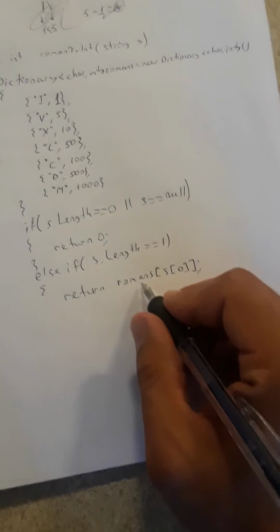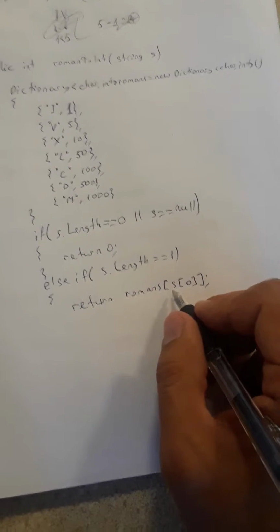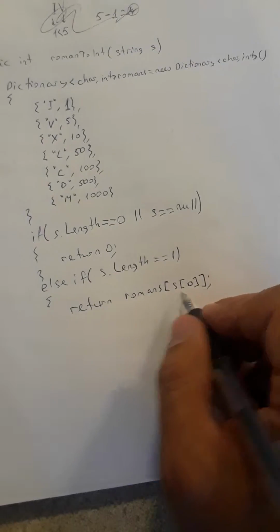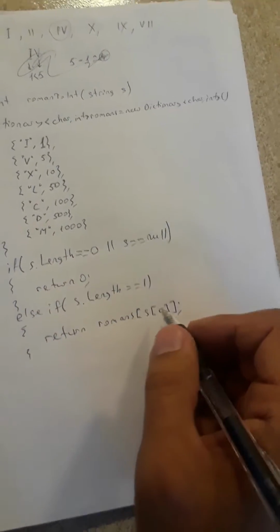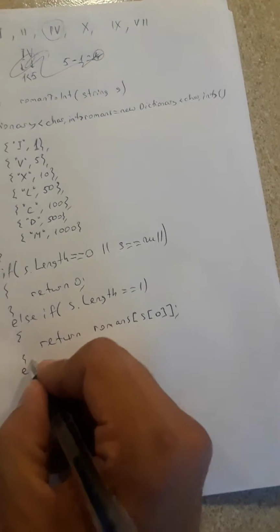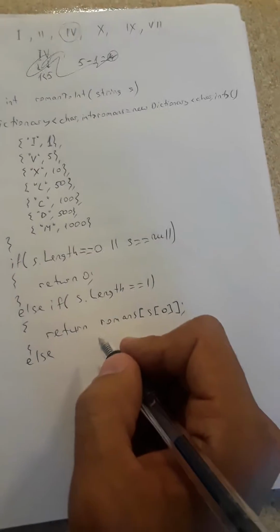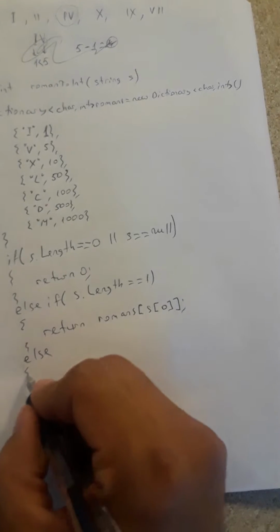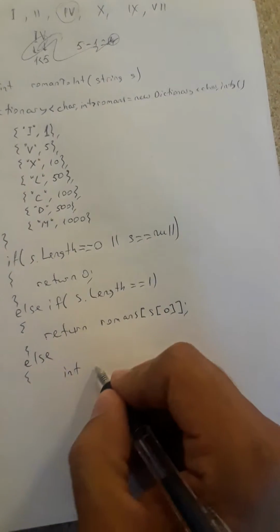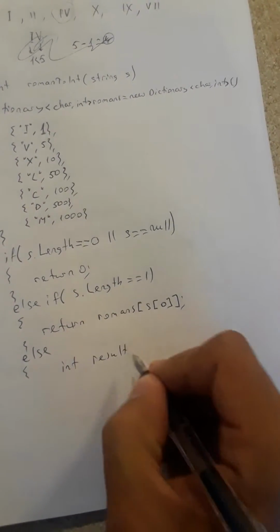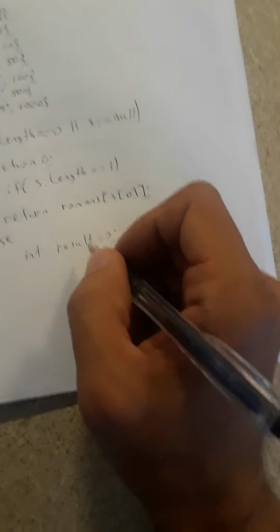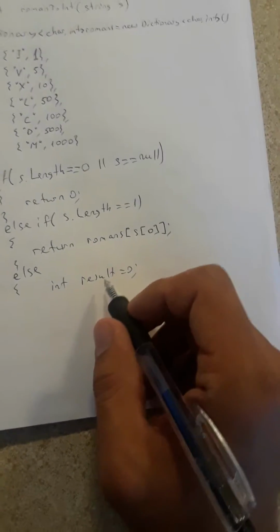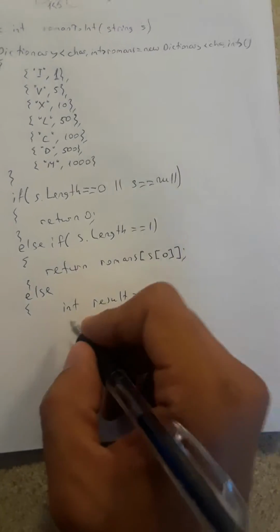Since we're using each character as a key from the dictionary, we'll just return a value using a key as a hash. So for other cases, we'll declare a result variable, making it equal to 0. We collect all calculations into our result variable.